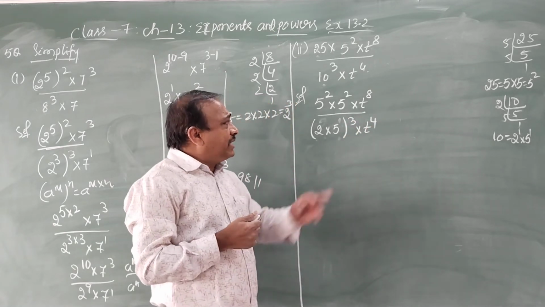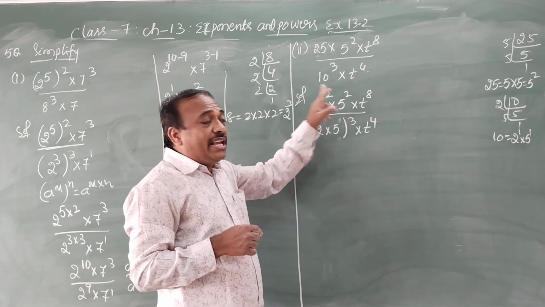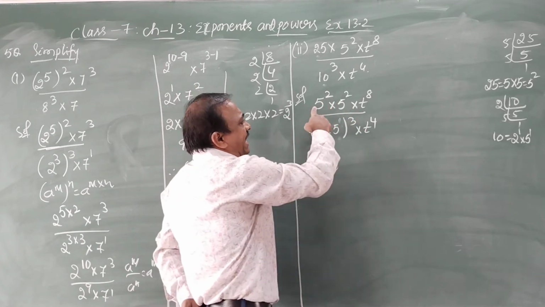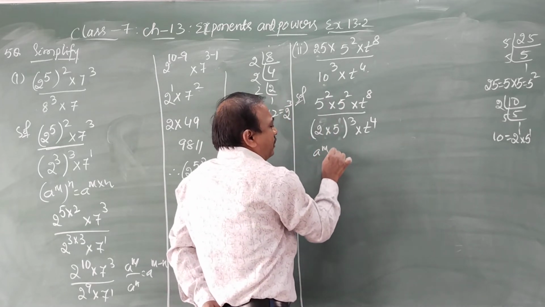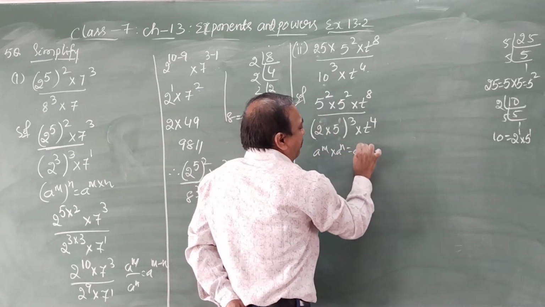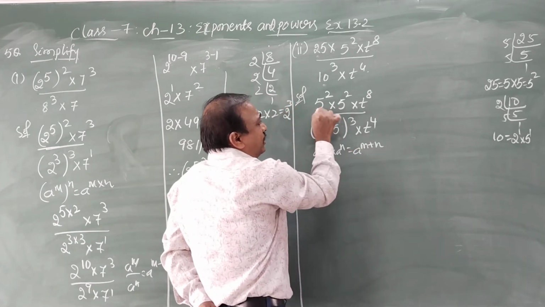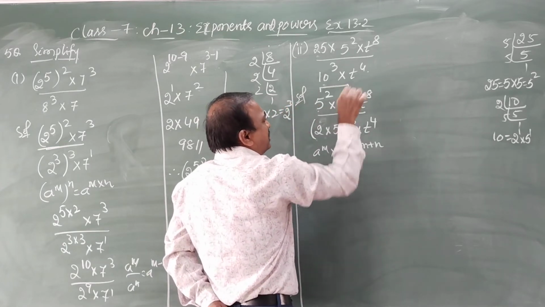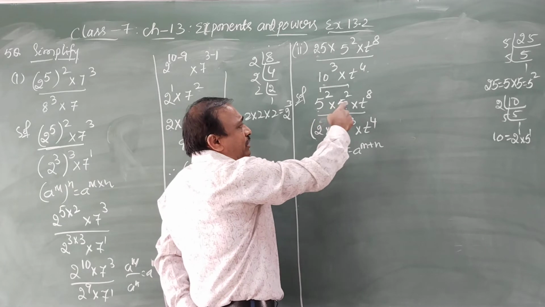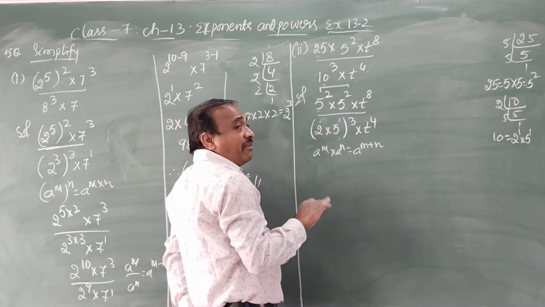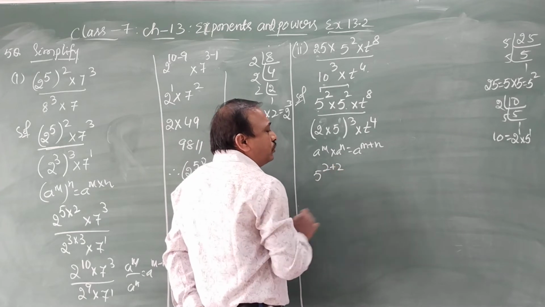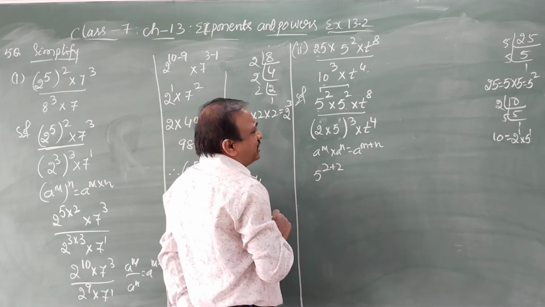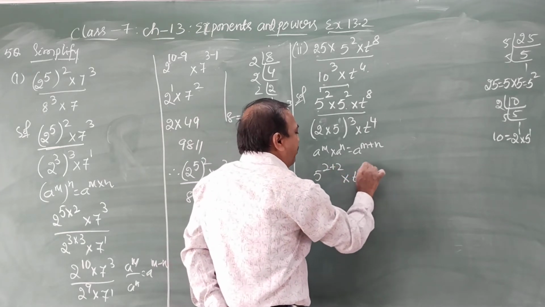Now we observe that for the numerator we have one formula: a to the power m into a to the power n is equal to a to the power m plus n. So that is 5 to the power 2 plus 2 into t to the power 8.